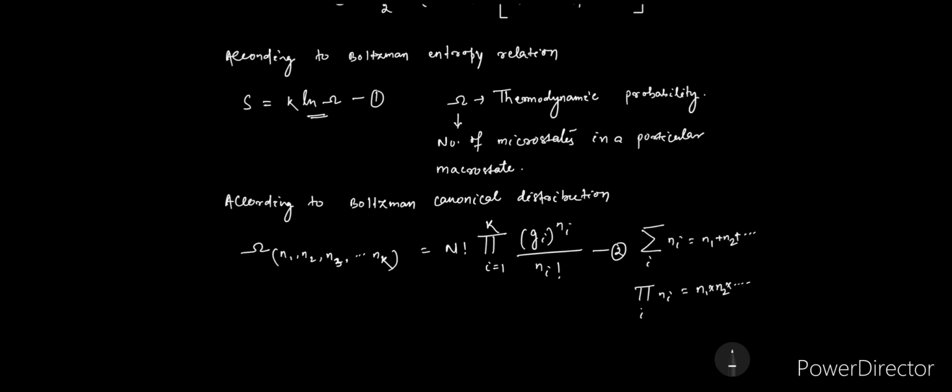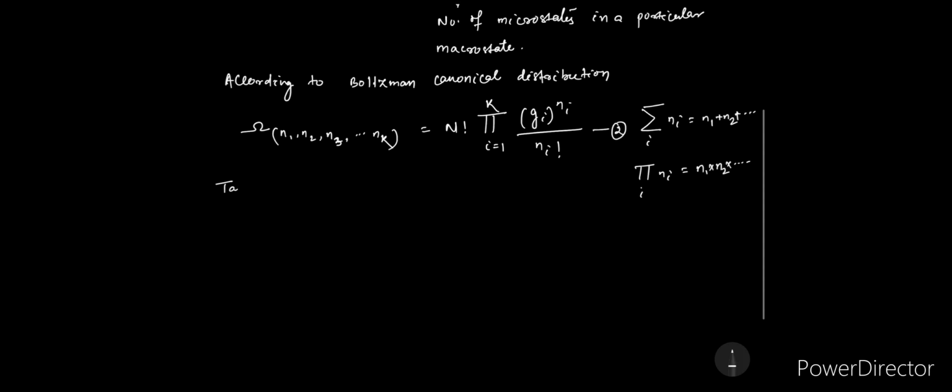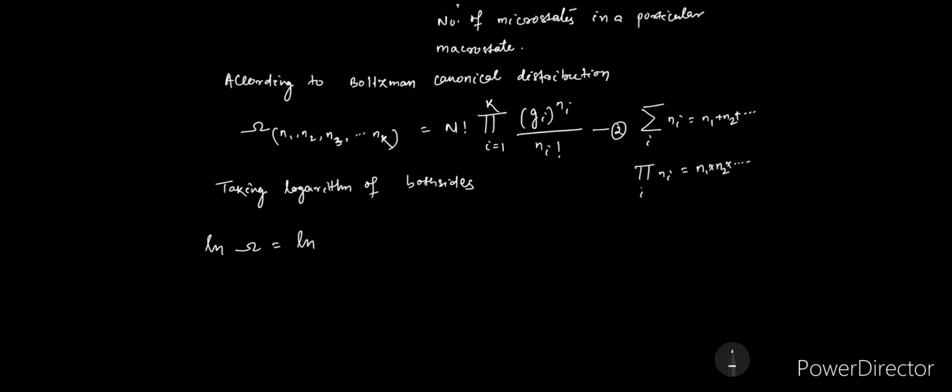So if we take logarithm of both sides, then we will get ln omega is equal to ln of n factorial product i 1 to k gi to the power ni divided by ni factorial.